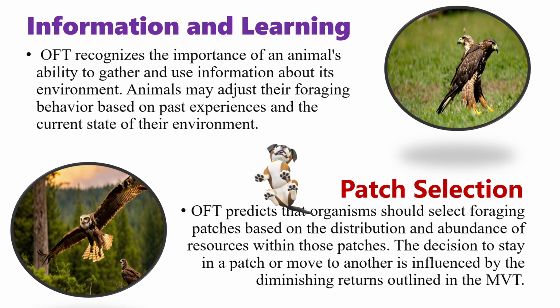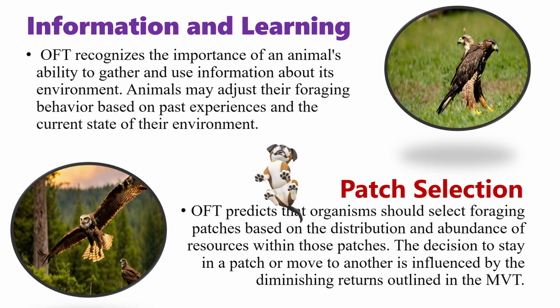And patch selection, you can understand in terms of the MVT, or marginal value theorem, that it should know when to leave and when to remain in that patch. If the food is very scarce in that place, or the risks are getting higher in terms of rewards, then the animal has to leave that patch, right?